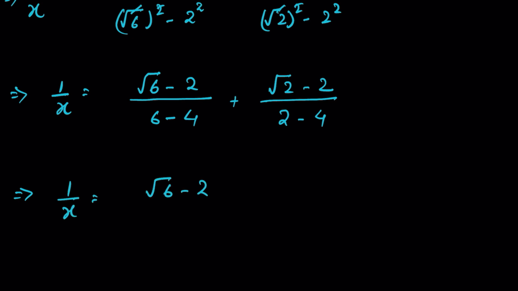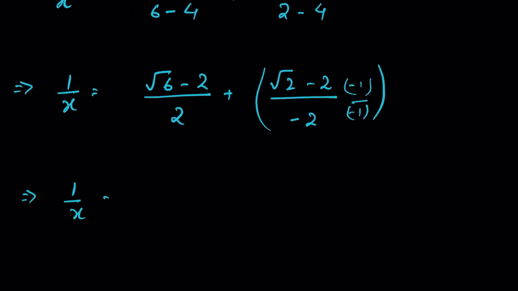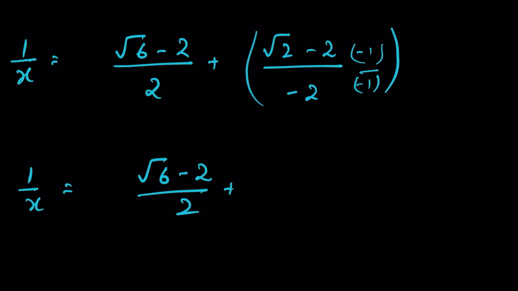or 1 upon x equals to square root of 6 minus 2, 6 minus 4 is 2, plus square root of 2 minus 2 upon 2 minus 4 is negative 2. If we multiply both numerator and denominator by minus 1, then what will we have? 1 upon x equals to square root of 6 minus 2 upon 2 plus, minus minus plus, so 2 minus square root of 2 upon, minus minus plus, 2.